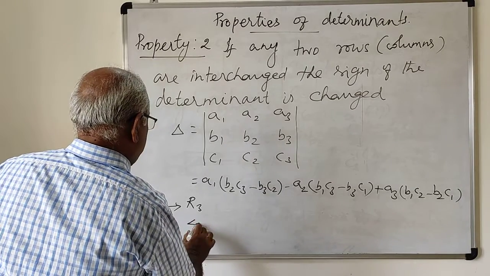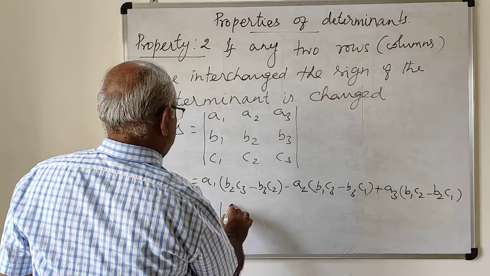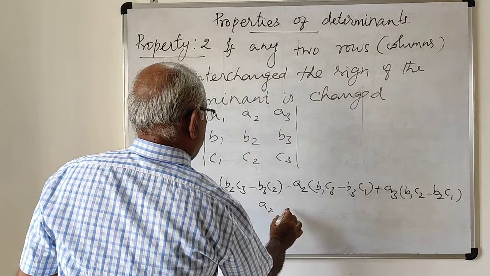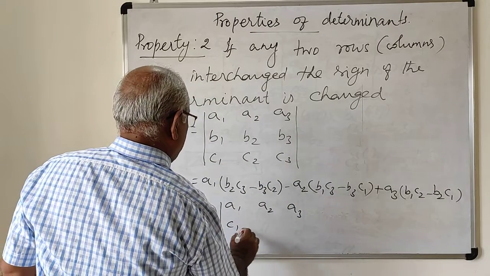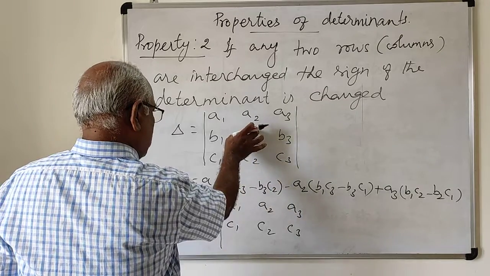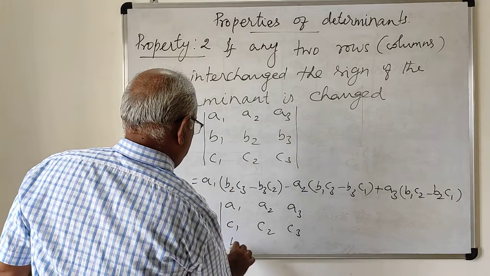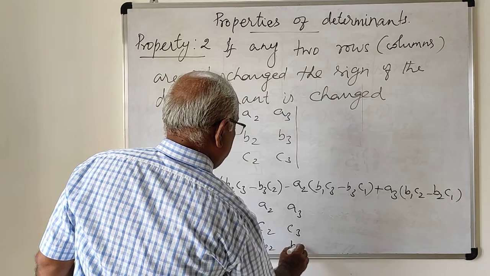That is delta 1: A1, A2, A3 as it is, then C1, C2, C3, because R3 goes to R2 and R2 goes to R3, then B1, B2, B3.